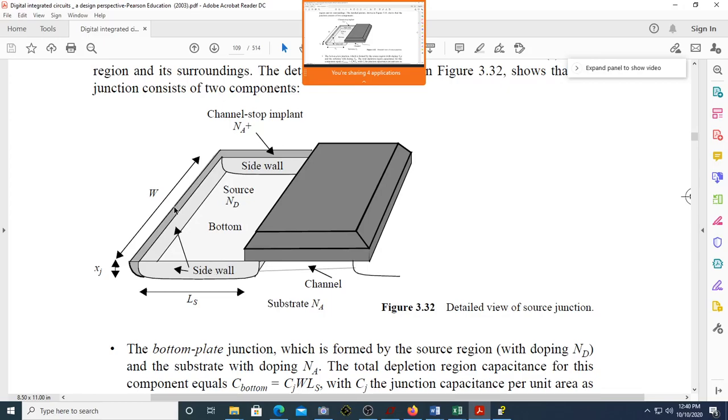Am I correct? Yes, sir. Because there are actually 4 sides for this particular diffusion, 1, 2, 3, and the 4th one that is beneath this. But I will not be considering this side wall for junction capacitance, because that will not be contributing to the capacitance formation, because that will be a part of your channel.